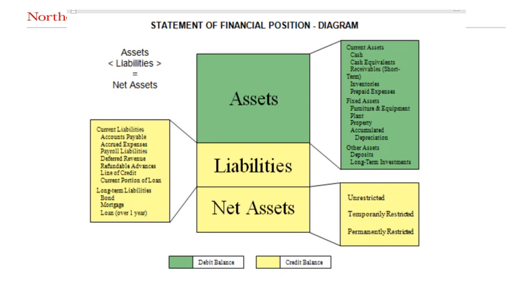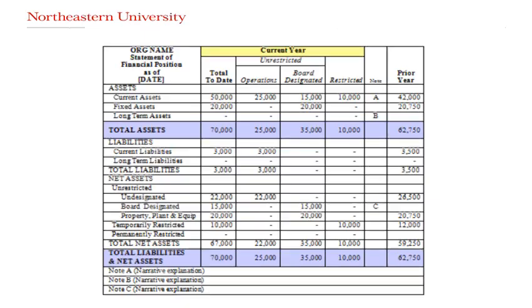And these will be broken up into three types of net assets, which we'll talk about next week, known as unrestricted, temporarily restricted, and permanently restricted. So here is a nice example of a statement of financial position.